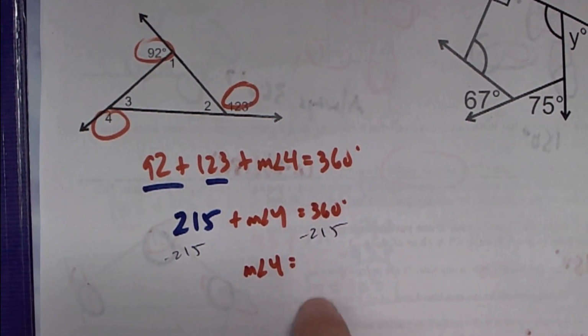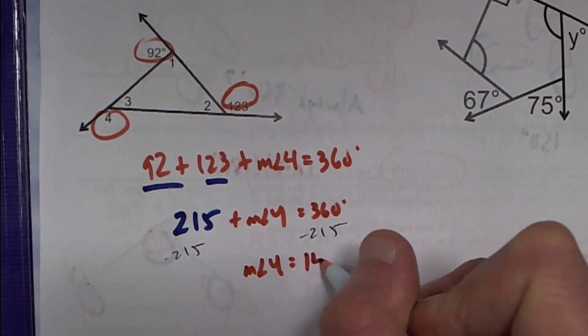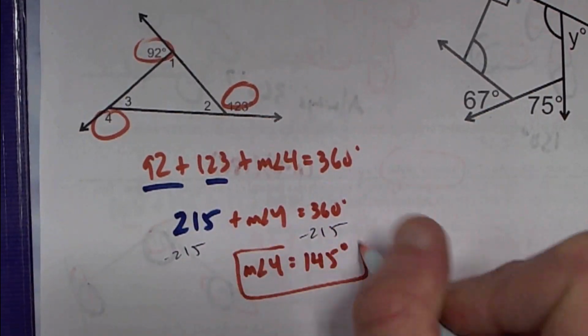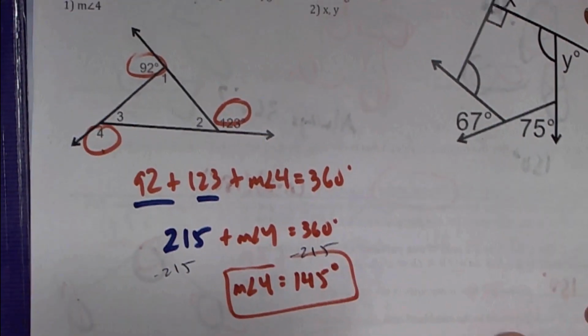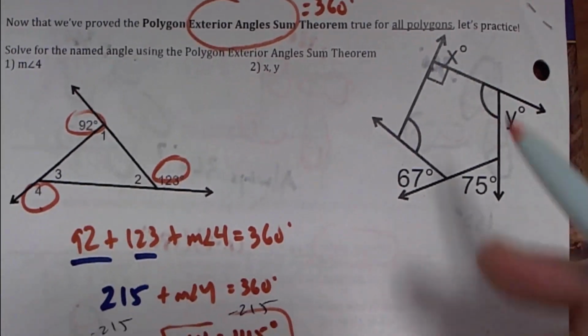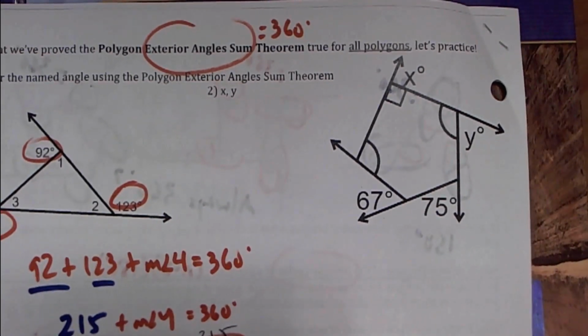So I'm left with 100 and, let's see, 60 minus 50, 60 minus 10 is 50, minus 5 more, so 145 degrees. And you could double check that by plugging that in. 145 plus 123 plus 92 is 360. So if you want to pause the video and try this one, that would be great. If not, I'll do it in about 5 seconds.